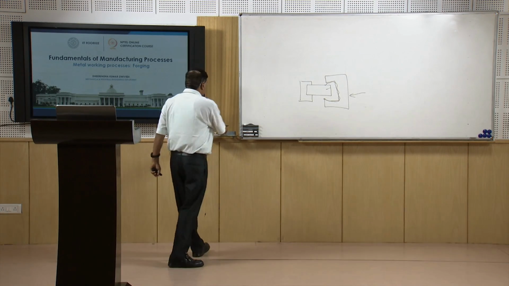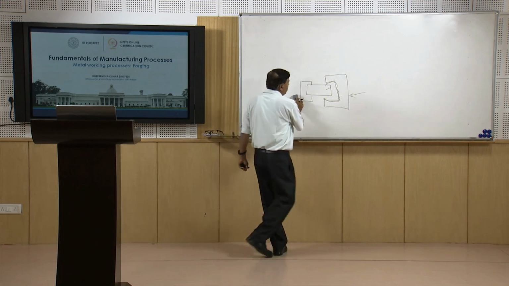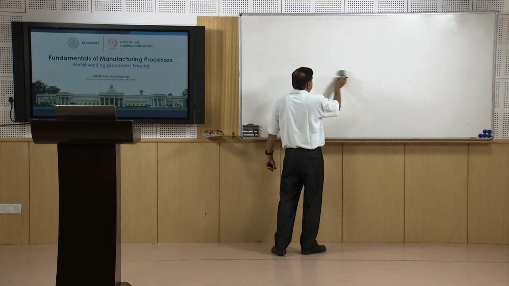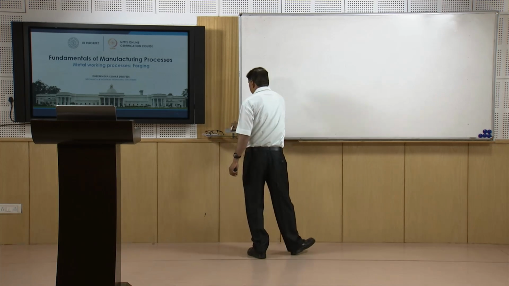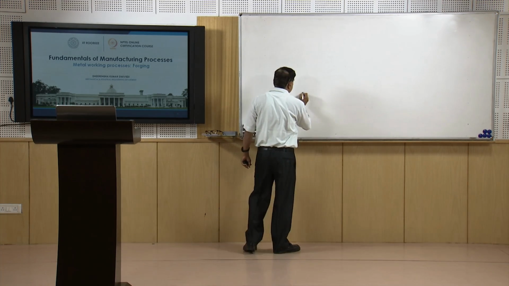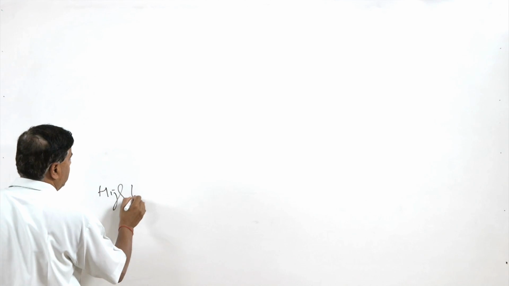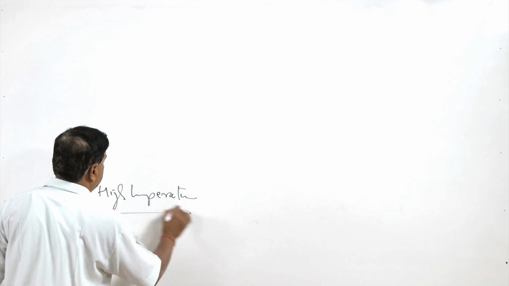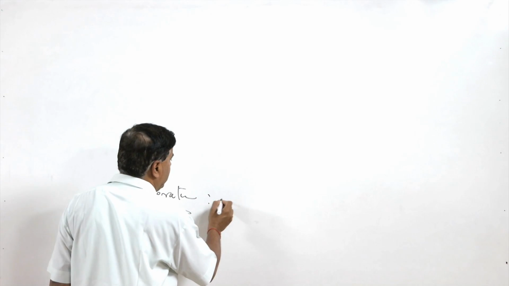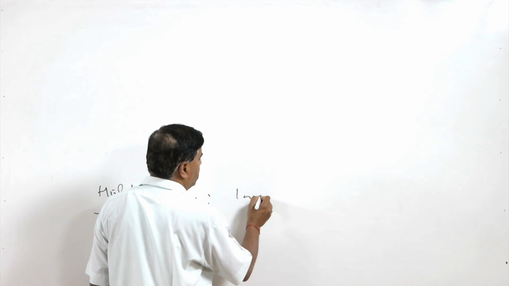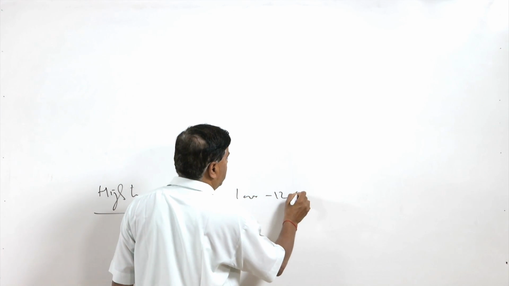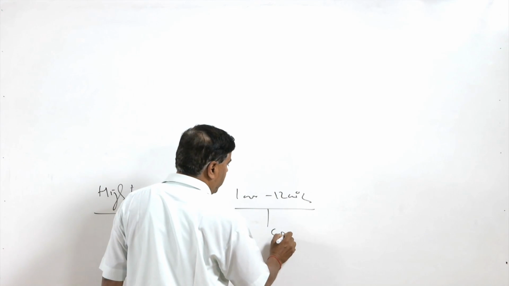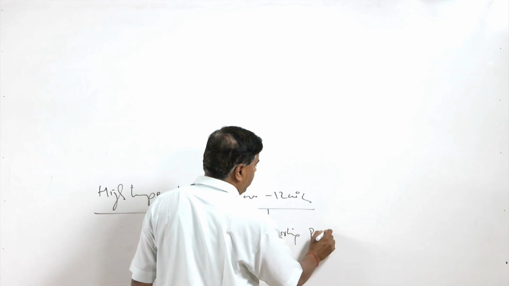Now, there are a few more things related to the forging process. Since forging is carried out at high temperature, it is invariably hot working. High temperature, say 1000 to 1200 degrees centigrade, facilitates the deformation, followed by cooling to room temperature.